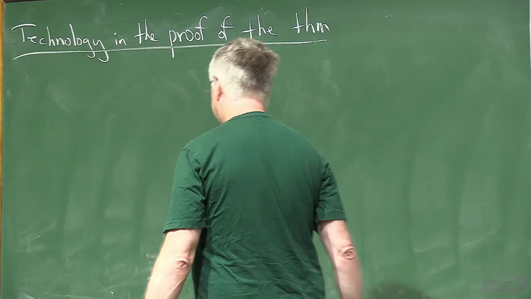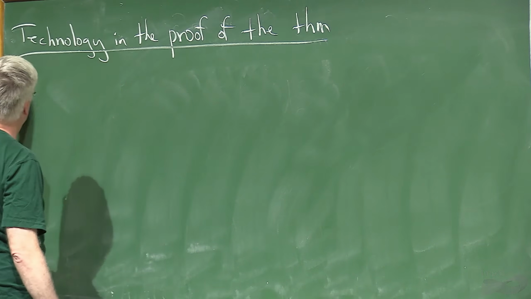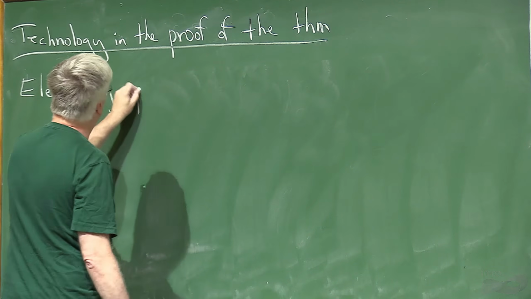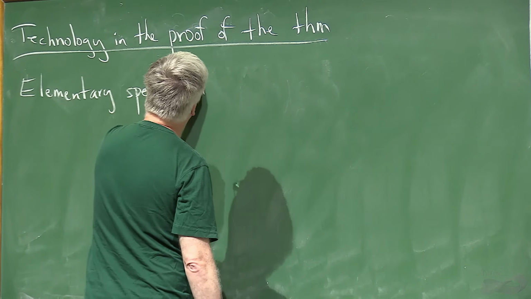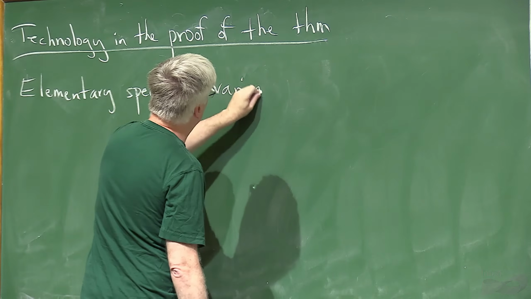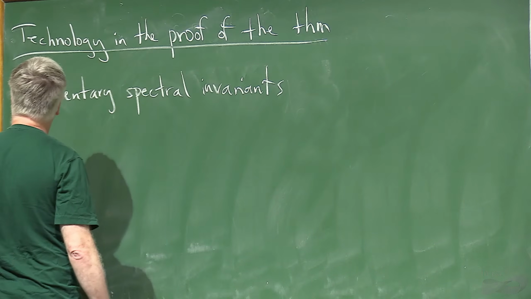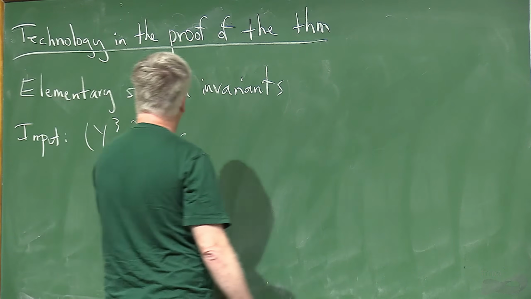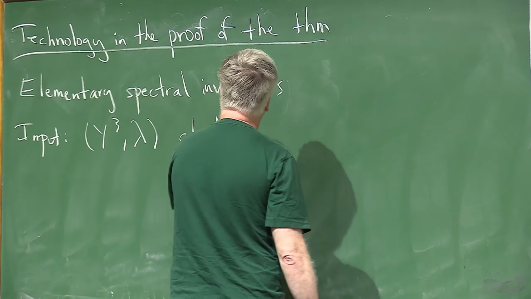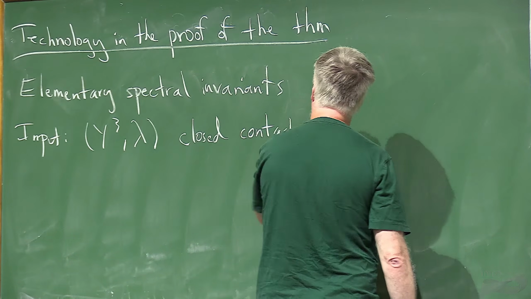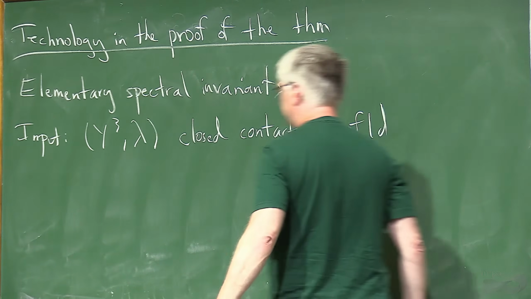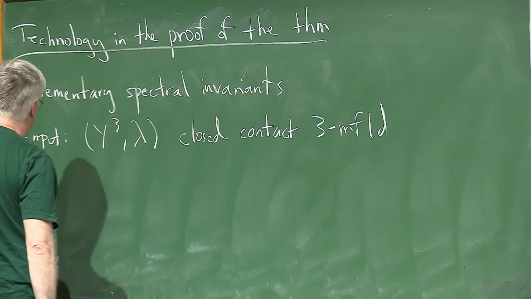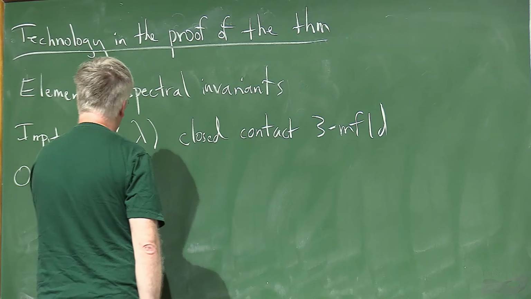Okay, so the main technology is what I call elementary spectral invariance. So the input is a closed contact three-manifold, and the output is a sequence of real numbers.